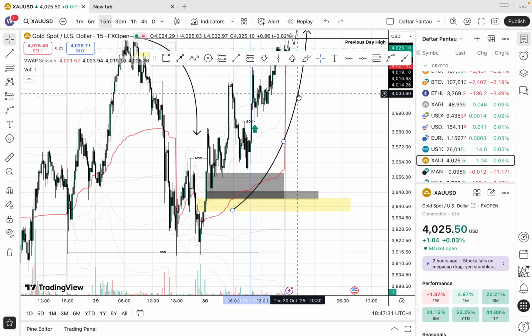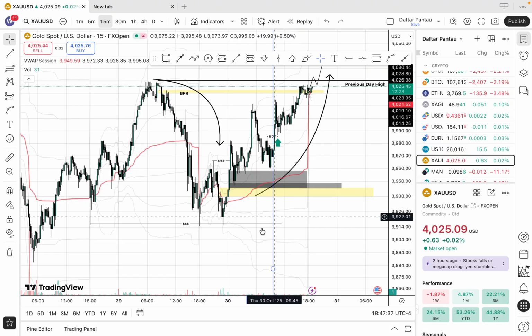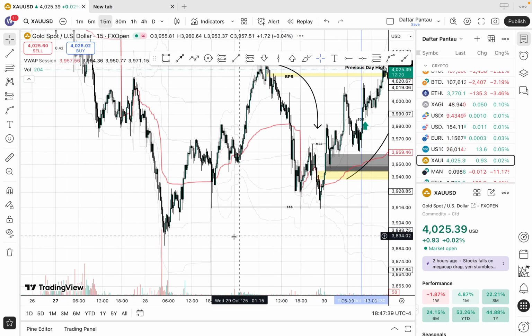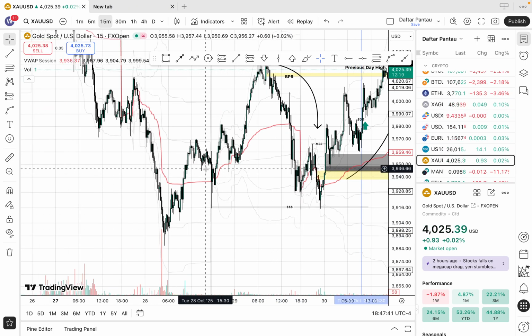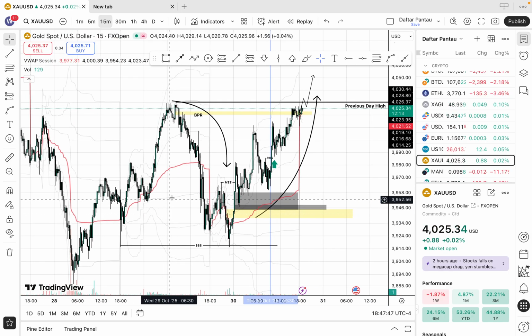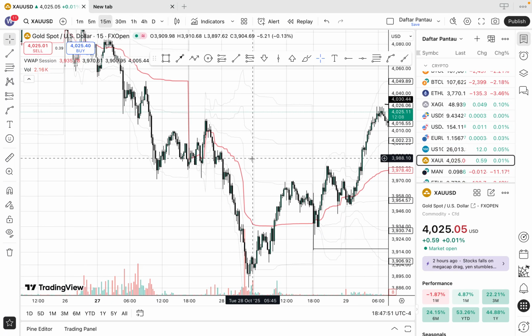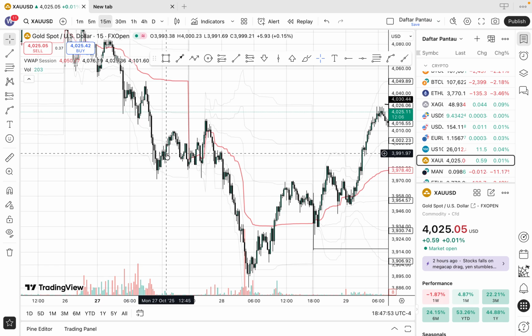Since this is the first video on the 31 October, I want to explain to you, as my promise, in detail what fair value gaps are. For most of us, a fair value gap is a combination of three candles.